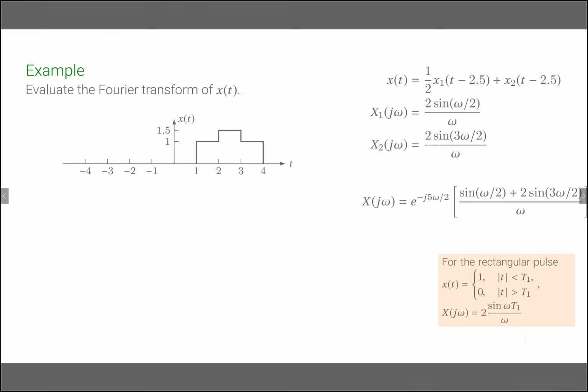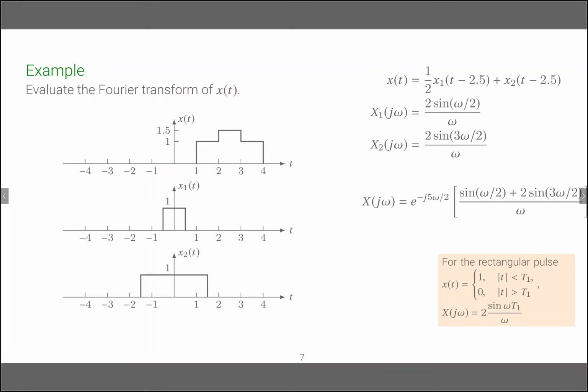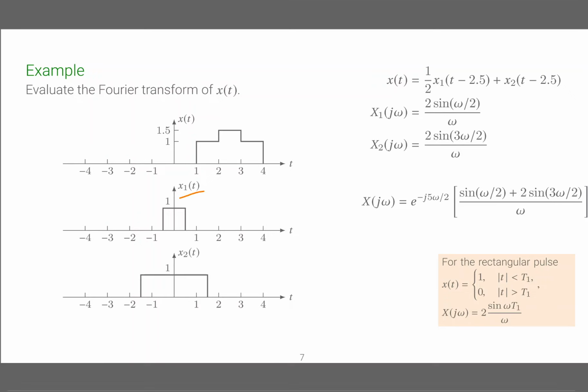Now we can use that property and linearity to obtain the Fourier transform of a signal like this. When we look at this signal, we realize that we can express it in this fashion. We decompose it into x1(t), which has magnitude 1 and goes from minus half to half, and x2(t), magnitude 1, goes from minus 1.5 to 1.5.